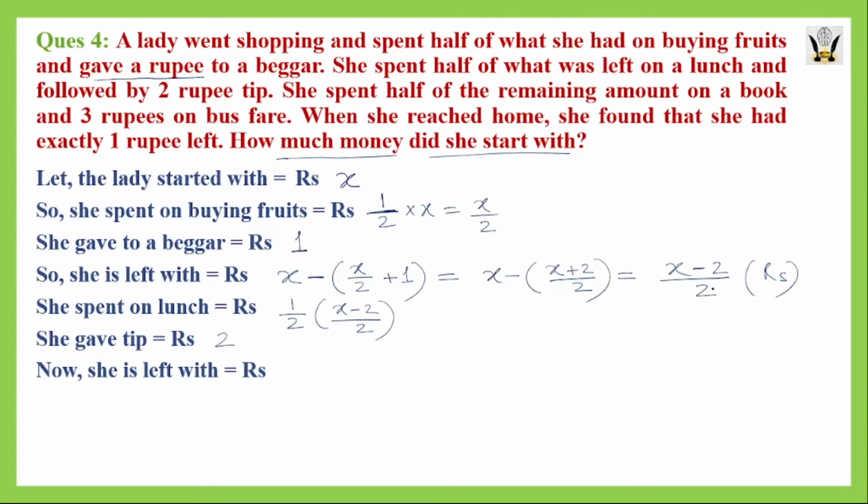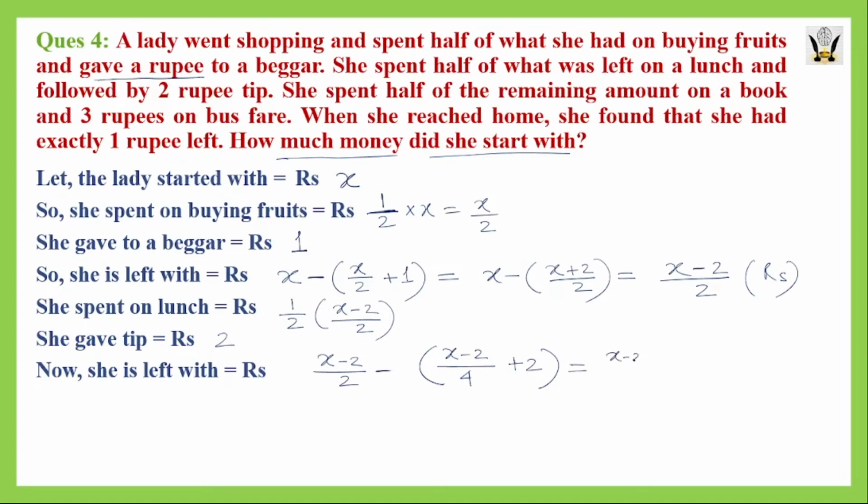After buying fruits and after giving to beggars, she was left with this much amount, x minus 2 divided by 2. And from that amount, she has spent this much on lunch. So x minus 2 divided by 4, and after lunch she has given 2 rupee tip.